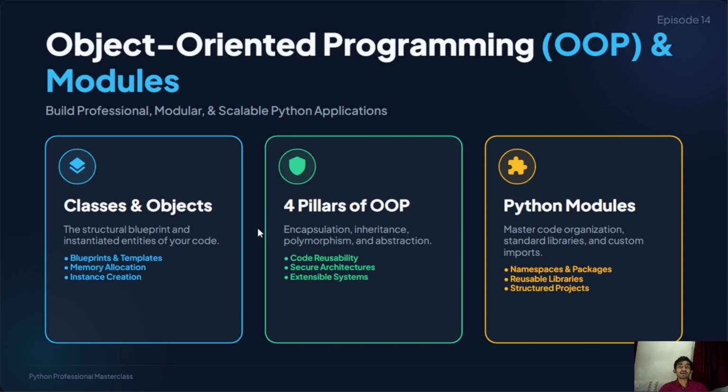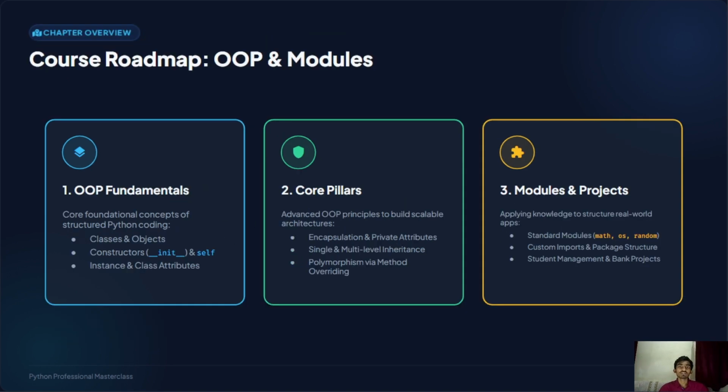Before jumping into the code, let's quickly see what we will learn today. We will begin by understanding what object-oriented programming is and why programmers prefer it over procedural programming. After that, we will learn the two most important concepts, classes and objects. Then we will understand constructors, the self parameter, instance attributes, class attributes and methods. Once the basics are clear, we will move to the three major pillars of OOPS: encapsulation, inheritance, and polymorphism.